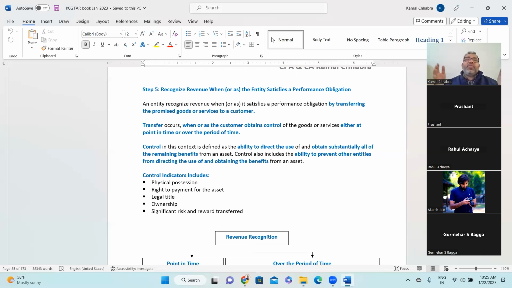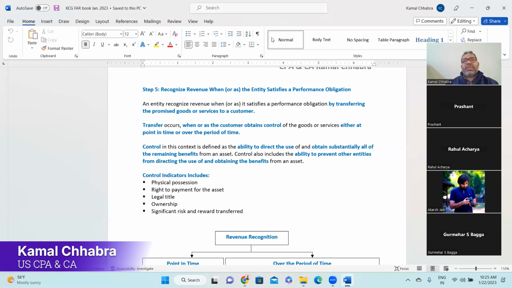It's not necessarily that you are using all the cars, right? More importantly, you have the authority or ability to direct the usage of the respective asset and obtain substantially all the remaining benefits from that asset, right? Control also includes the ability to prevent other entities from directing the use and obtaining the benefit from the asset.